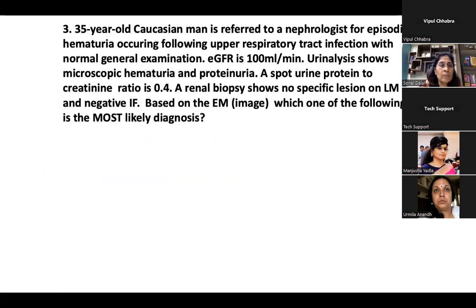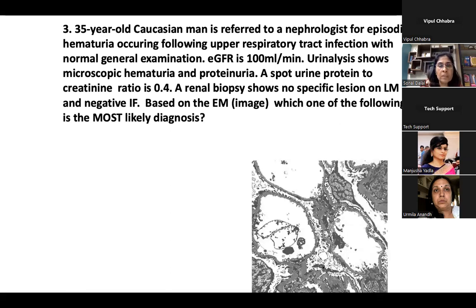Question number 3. A 35-year-old Caucasian man is referred to a nephrologist for hematuria occurring following an upper respiratory tract infection, with normal other general examination. His GFR is 100 ml per minute. Urine analysis shows hematuria and proteinuria, and spot urine protein to creatinine ratio is 0.4. A renal biopsy shows no specific lesion on light microscopy and negative immunofluorescence.